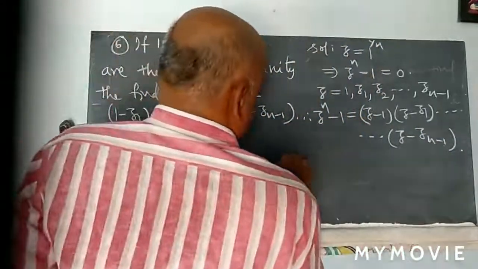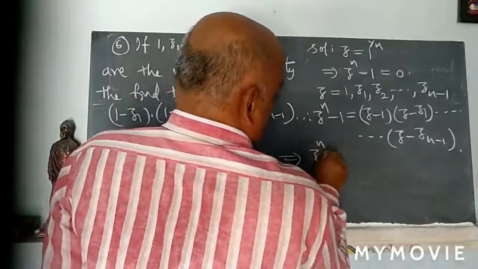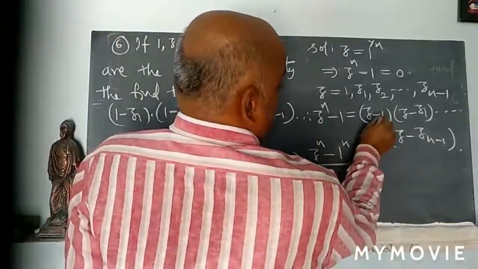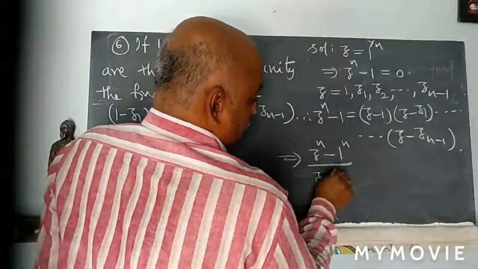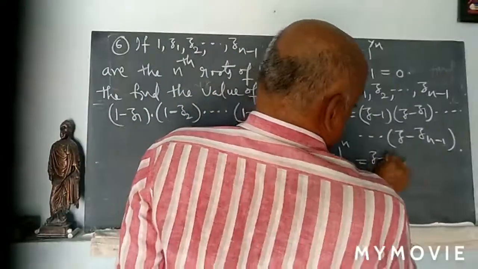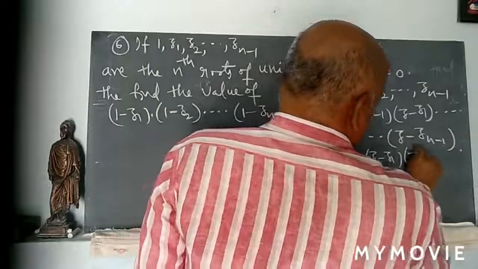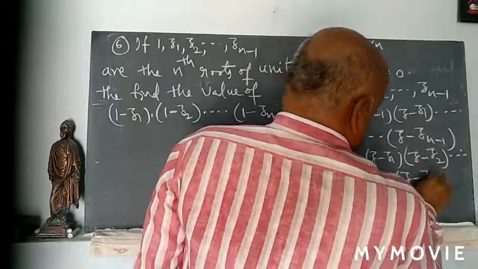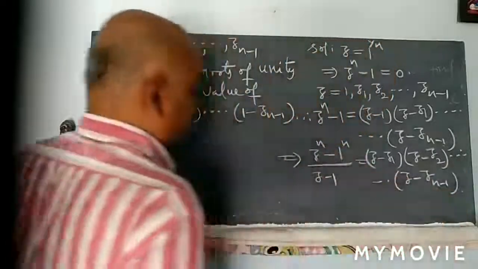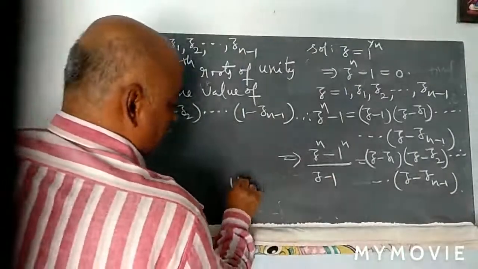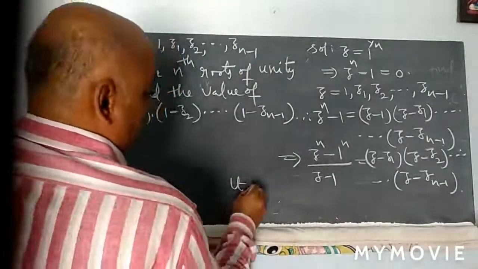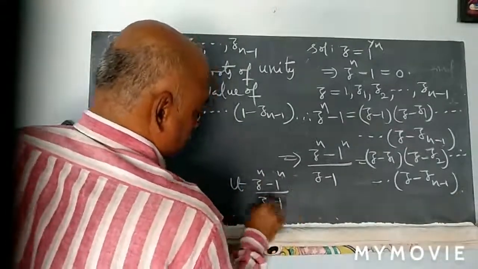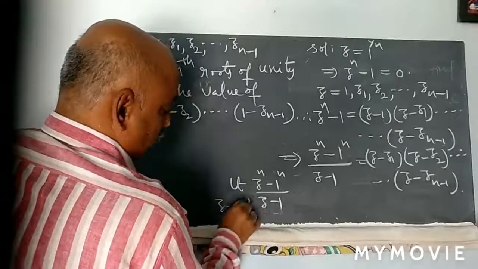So this implies, with z minus 1 as denominator, (z to the power of n minus 1) by (z minus 1) is equal to (z minus z1) into (z minus z2) into, and so on, into (z minus z(n minus 1)). Now taking the limit as z tends to 1, limit of (z to the power of n minus 1) by (z minus 1) as z tends to 1.